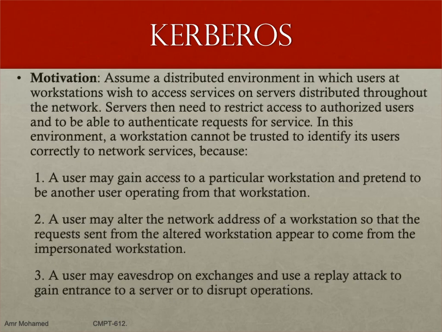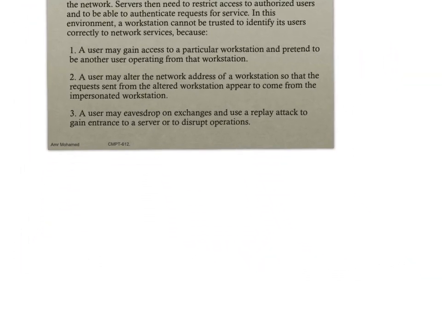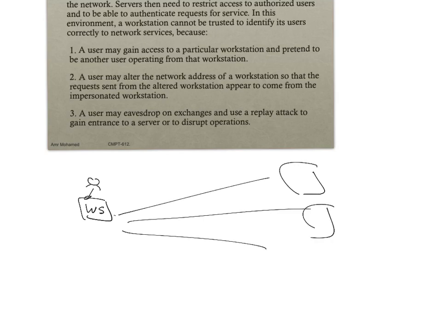So you have a workstation, and you have a person who is trying to work on this workstation, and this subject or person wants to access many servers in the enterprise: cloud storage, email server, things like that.